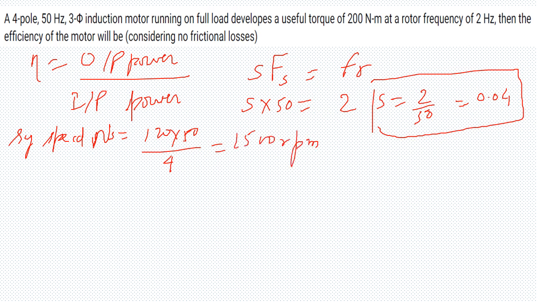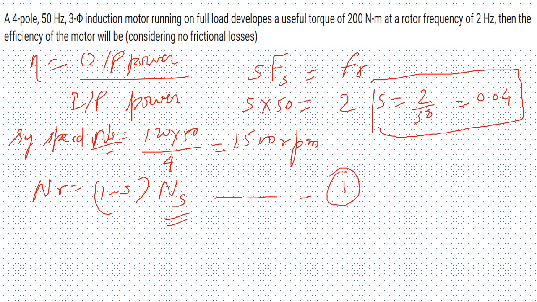Now that we have the synchronous speed, we can calculate the rotor speed nr as 1 minus s into ns. Let's not calculate it numerically and see whether we can solve it that way. Call this equation 1.